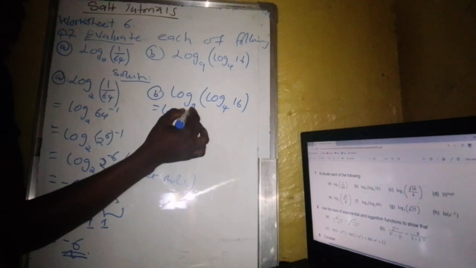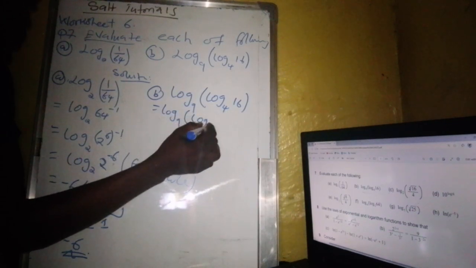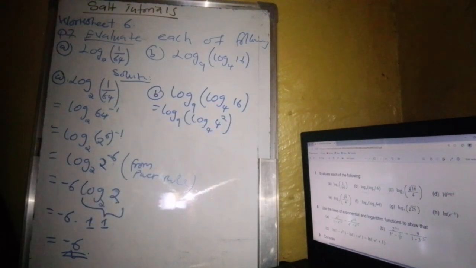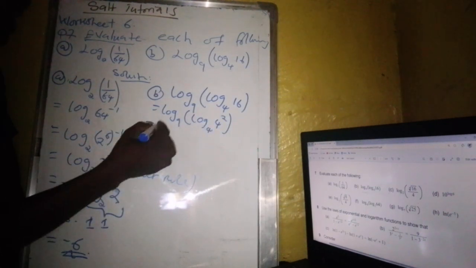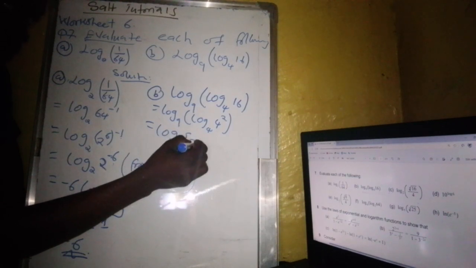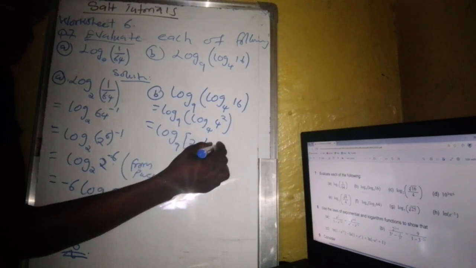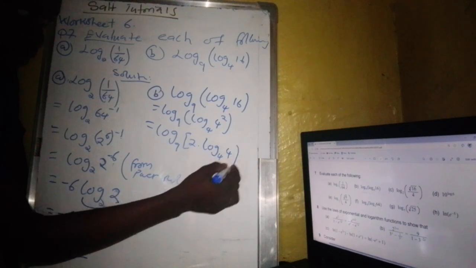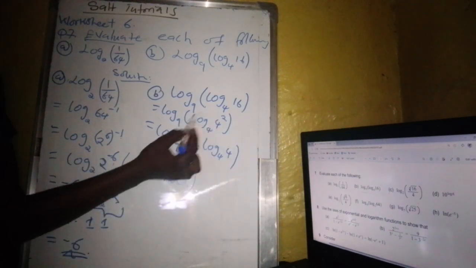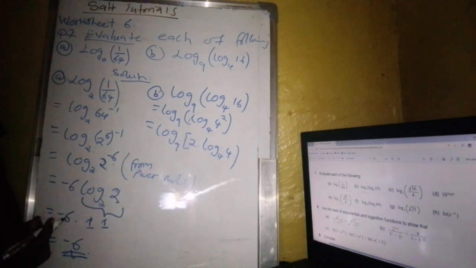What is in the bracket can be written as log 4 squared. So that what is in the bracket can become 2 multiplied by log 4, because from the power rule, the power drops down and becomes multiplied with that.